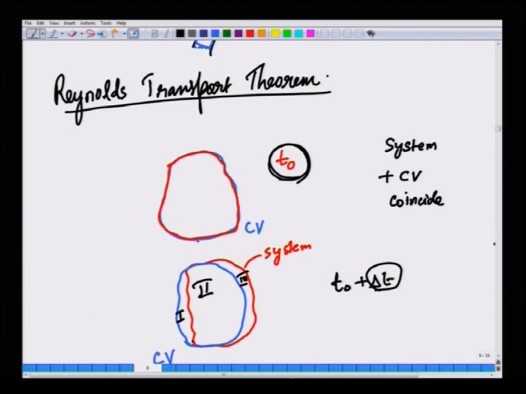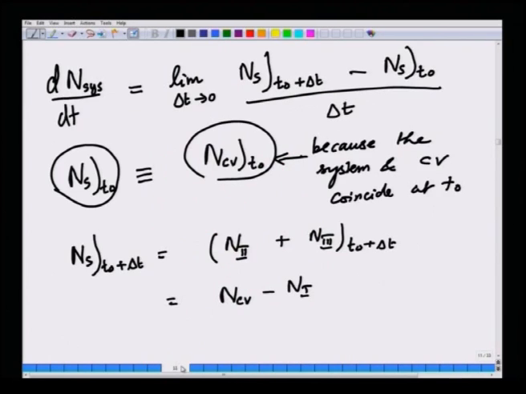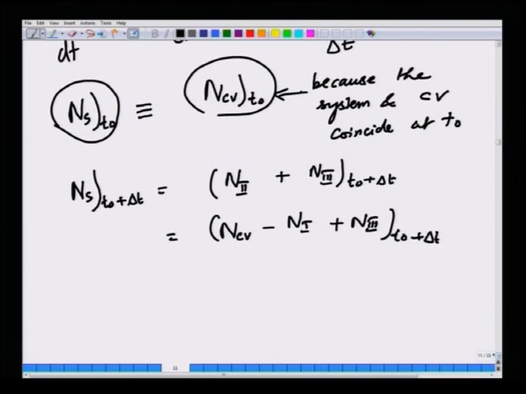So, N2 is NCV minus N1, and N3 is the new space that is created by the system due to its motion from the CV. So, N2 can be written as NCV minus N1, plus N3 will remain as such at t0 plus delta t. I am going to substitute all this in the fundamental definition of the time derivative.